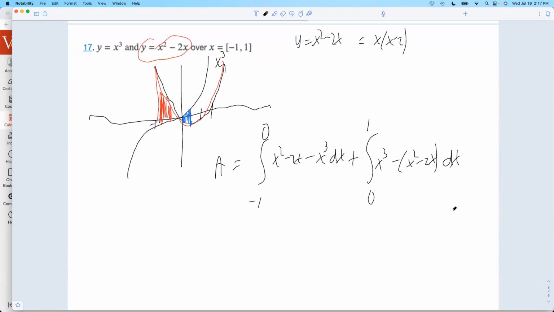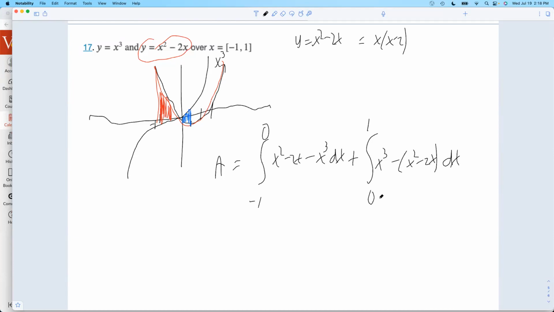Now, my recommendation is, yes, we have very similar looking stuff here. In fact, once I do this integral, I'm going to get exactly the opposite of what I get over here. But there are so many negatives floating around in these problems, just do these one at a time. Don't try to do too much in your head.